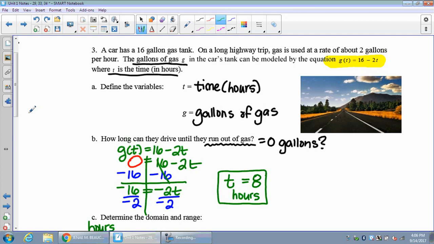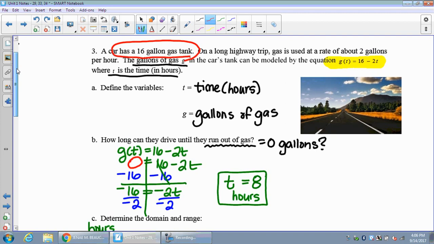I'm hoping it stands out to everyone what it said here about this car only having a gas tank that can hold 16 gallons. It makes sense that we'd have a limit on gallons of gas, because gas tanks don't have an infinite amount of storage, right? So we have a restriction on gallons.